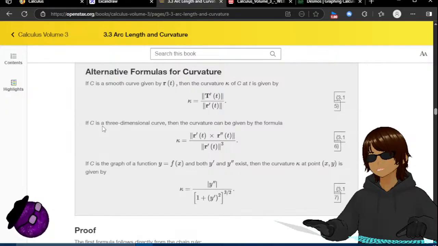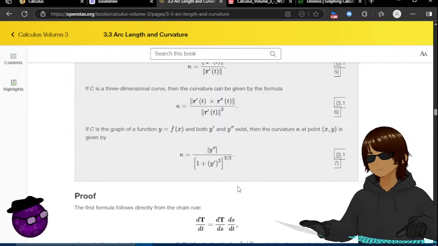If C is a three-dimensional curve, the curvature can be given by this formula. If C is the graph of the function y equals f of x, then both the derivative of y and the double derivative of y exist. So the curvature K at point (x, y) is given by this.